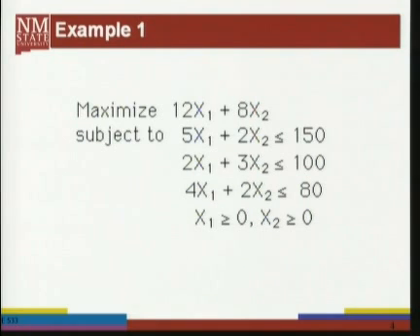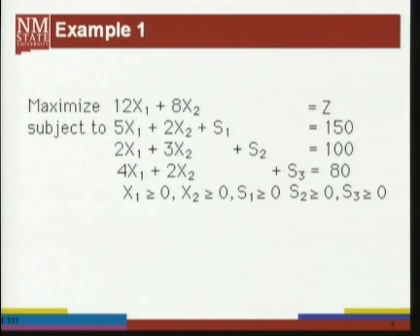Which is the amount of resources unused in each constraint, right? And in this case, we introduce 3 slack variables, right? Let's say it's S1, S2, and S3 for each constraint. So our original LP has been converted to standard form like this.